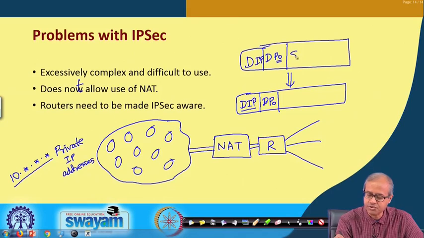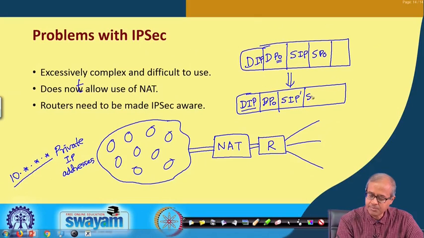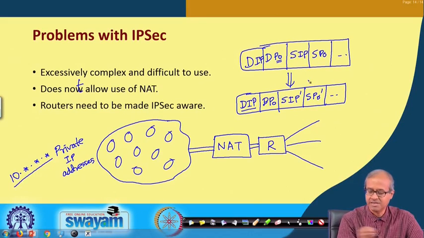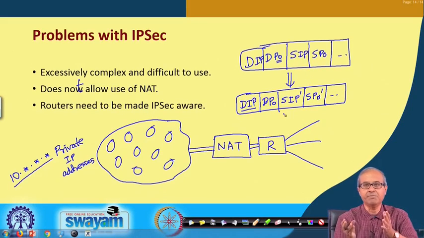but think of the source IP, which is a private IP, and the source port number. So, what will NAT do? It will change the source IP to a new IP address and the port number to a new port number, and it will maintain a table that this translation has taken place. This new source IP is one of the public IP addresses, and the port number can be varied 1, 2, 3, 4, 5, 6 for every packet.